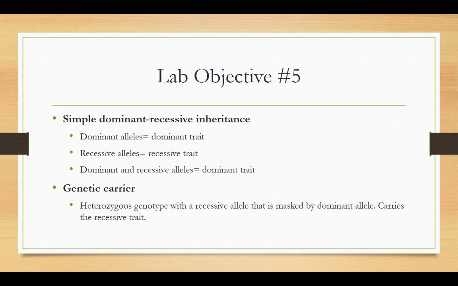So a genetic carrier is where you have a heterozygous genotype, which means you have a dominant and a recessive allele, and the recessive allele is being masked by the dominant allele. Even though the dominant is masking the recessive, since you have the recessive allele, you carry the recessive trait, which means you can pass it along to your offspring.